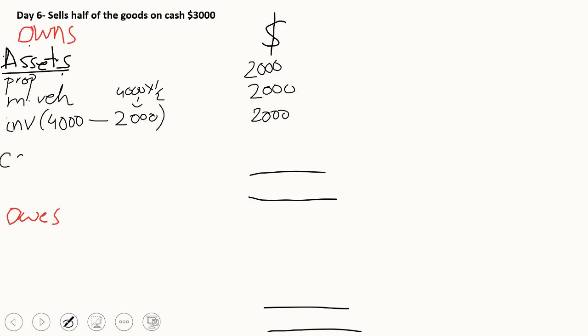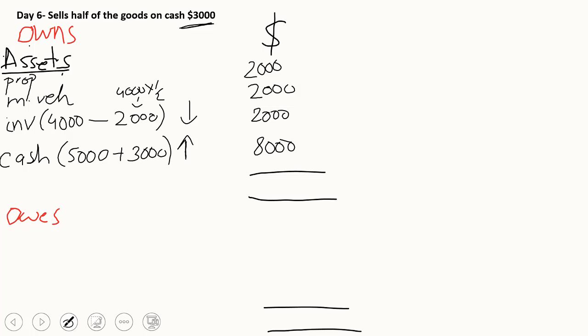Now cash. Inventory has decreased, but what has happened to cash? Cash is received. How much? $3,000. So it was 5,000 before, now cash has gone up by 3,000, so it's $8,000.